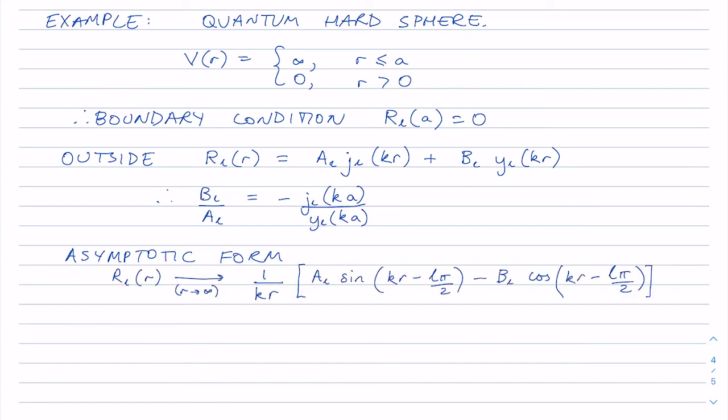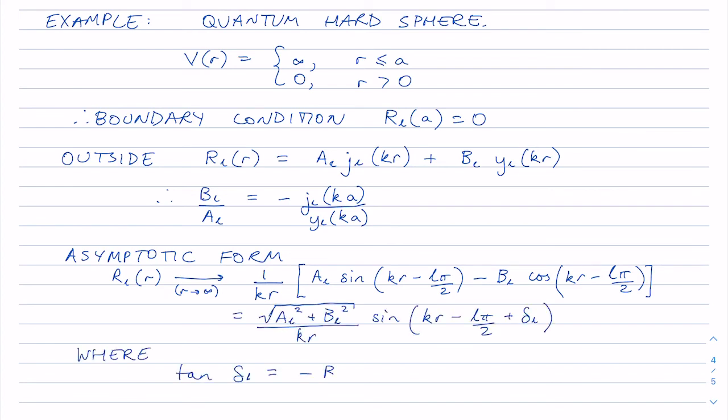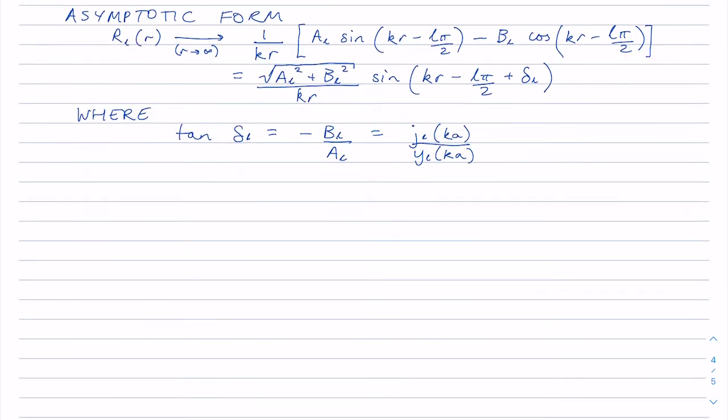This is the asymptotic form of the spherical Bessel function of the first kind and the spherical Bessel function of the second kind. And so in the limit, this gives us an expression for the phase shifts in terms of these BL and AL, which are set by the boundary conditions.